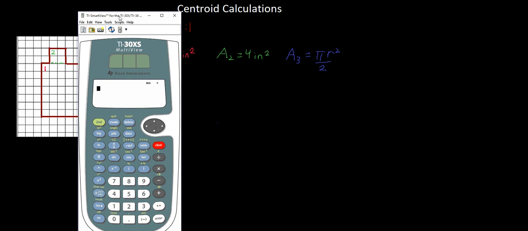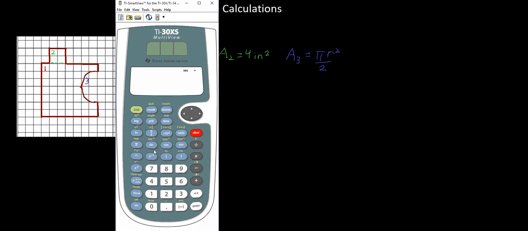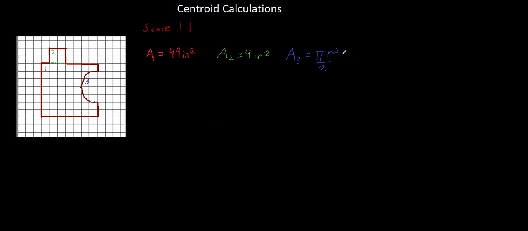We know our radius is 2, so we type in pi times 2 squared, and then we divide that by 2. So we get 6.3 or 6.28. I'm going to round that off to 6.3 inches squared, just to keep our math simple.